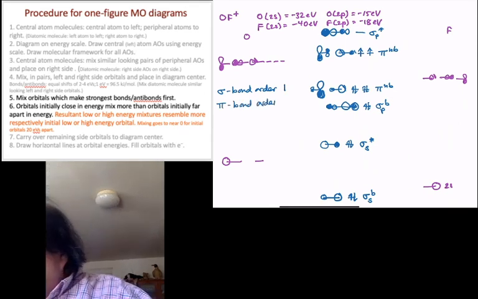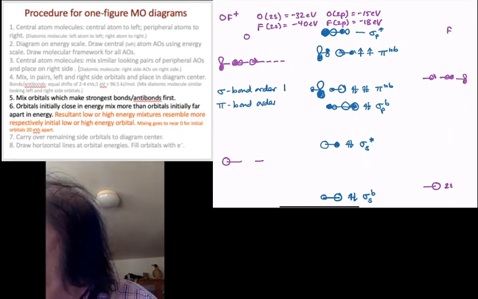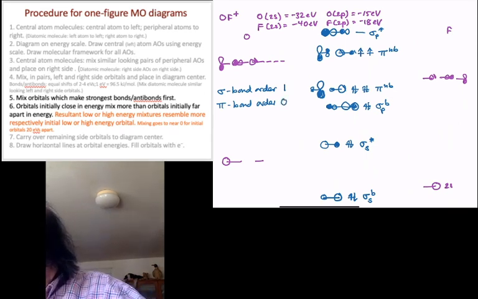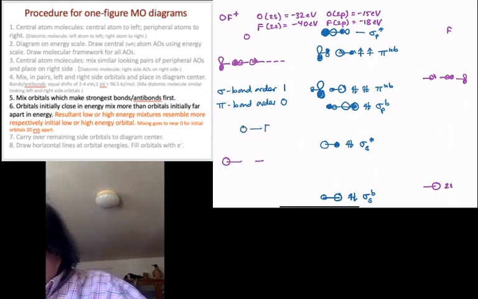Pi bond order is, well, they're all non-bonds, 0. And we have, therefore, we're going to put the oxygen and fluorine. We know there's a single bond. And we now have to put 5 lone pairs.